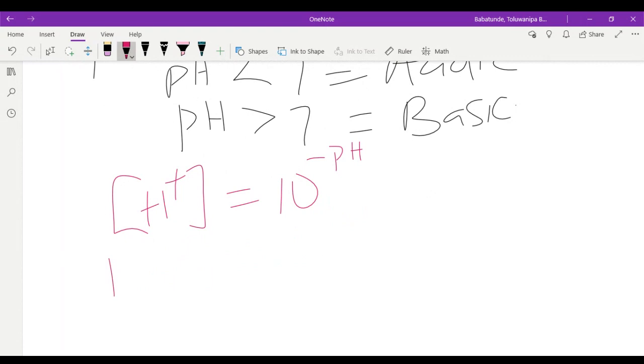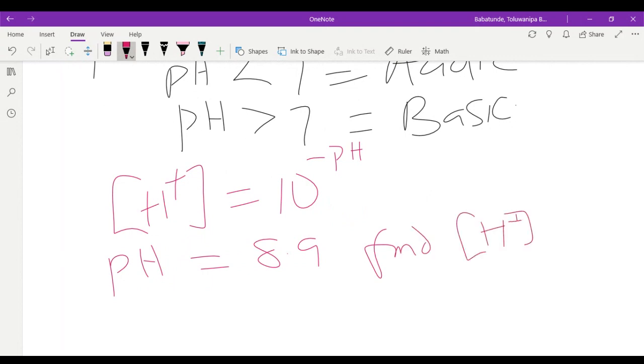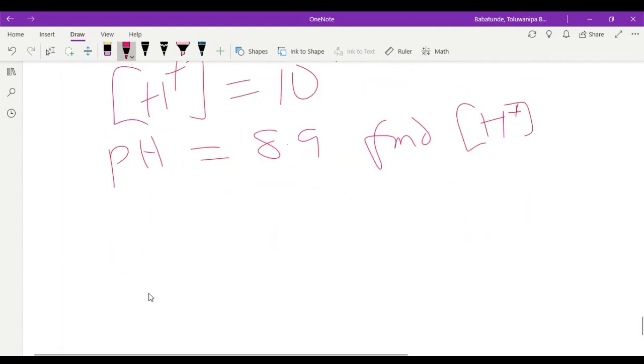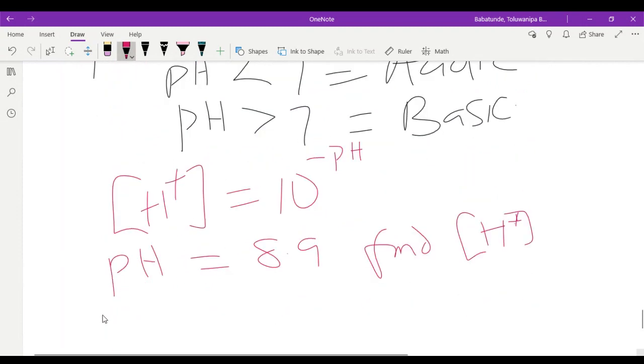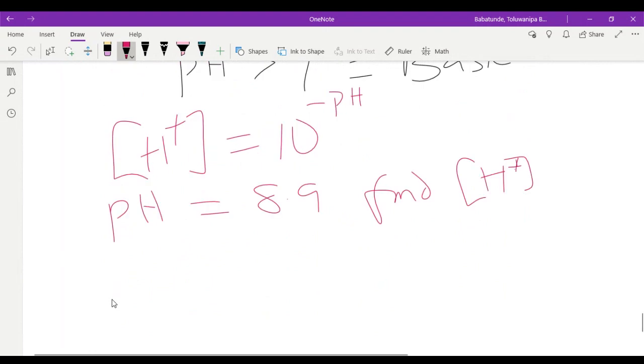For instance, if the pH of a solution is 8.9, find the hydrogen ion concentration. You just use this equation: the hydrogen ion concentration is going to be 10 to negative 8.9. When you plug that into your calculator, whatever it gives you is your answer.